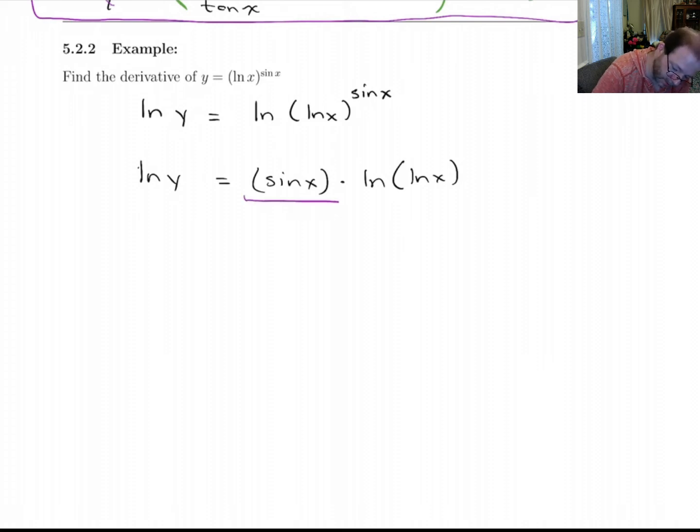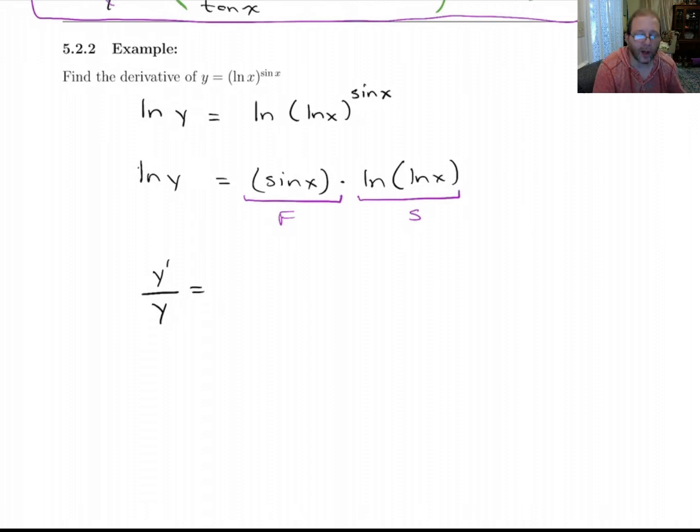All right, so we've got to use the product rule again. We've got our first and our second. So derivative of natural log of y goes on bottom, y prime on top. And now we got to do the product rule. First times the derivative of the second.